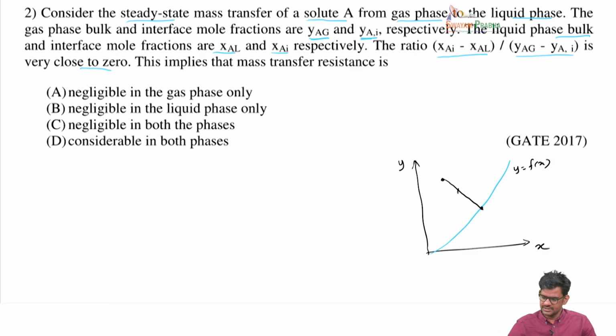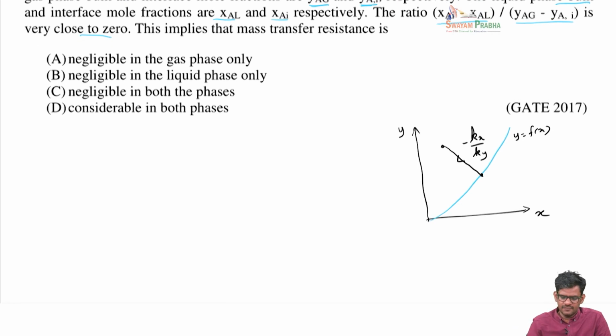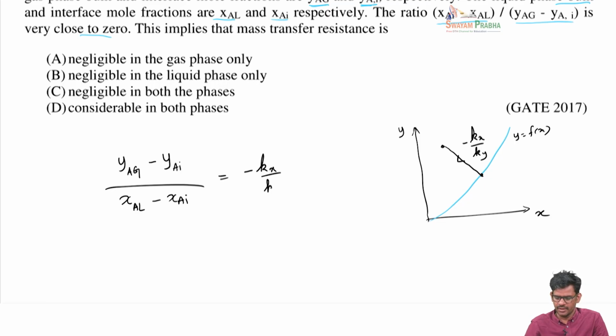The slope of this line is small kx by small ky. The equation of this line we have discussed is YAG minus YAI, sorry, this is not L, this should be G, divided by XAL minus XAI, equal to minus kx by ky. So this is the equation for the driving force line.